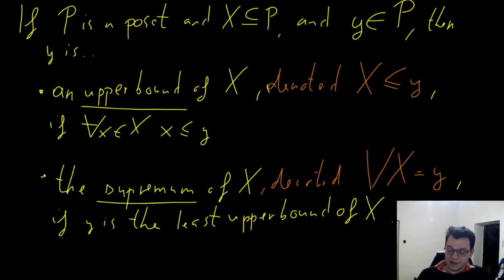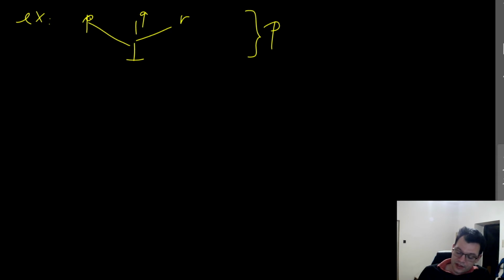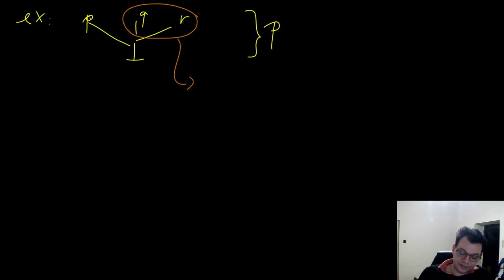Okay, again, let's see some examples. For example, if I have the pointed poset PQR, say, this is P, and I'm just picking a subset of the members of P, like this.